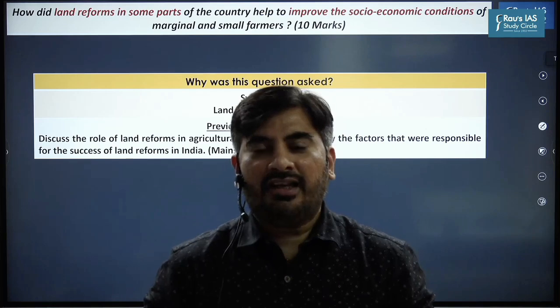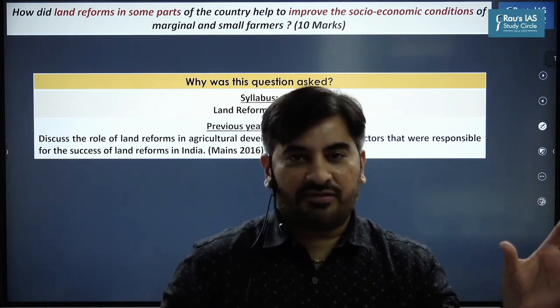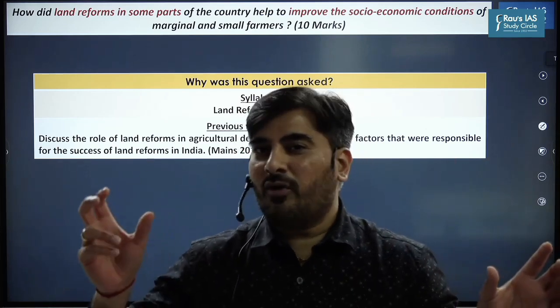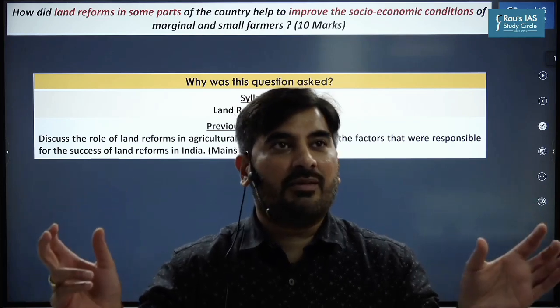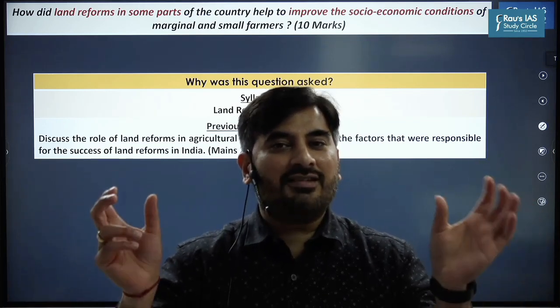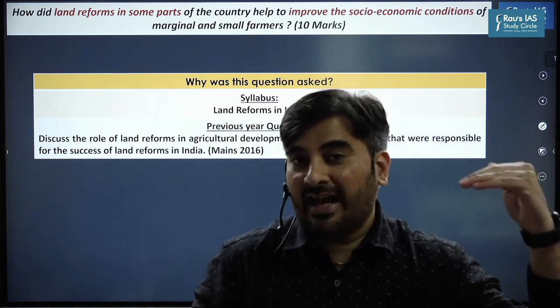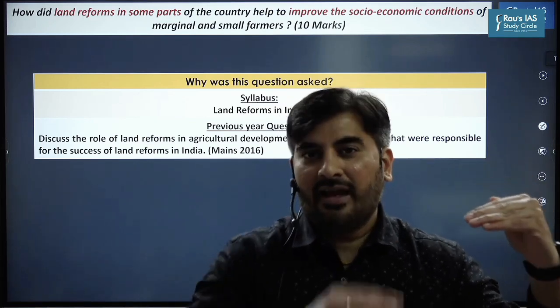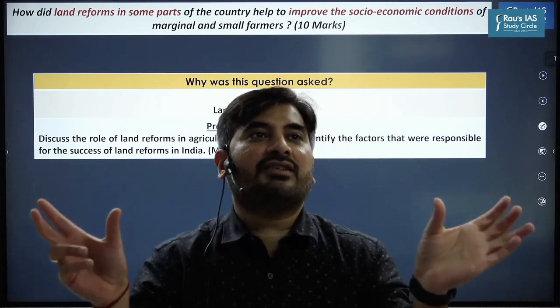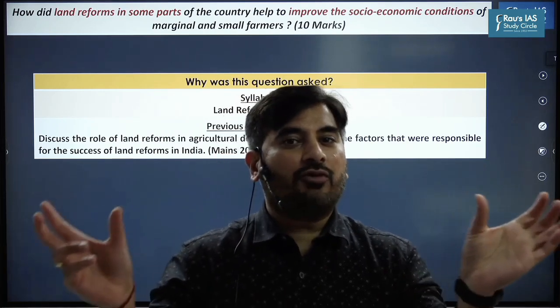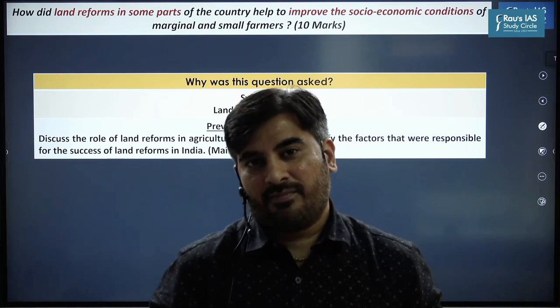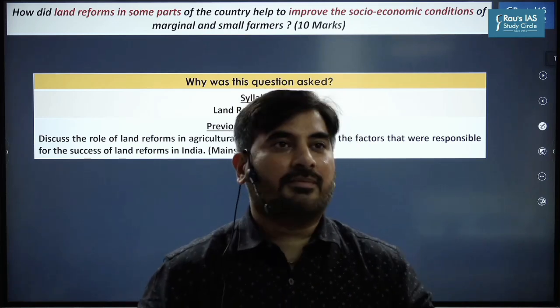This question is not about the land reforms in general. This question is not about the problems faced by the small and marginal farmers. This question is about how successful land reforms in certain parts of the country have benefited the small and marginal farmers. So you have to link these two things. That is how you can write an answer.